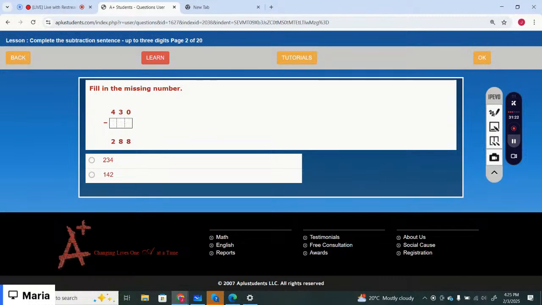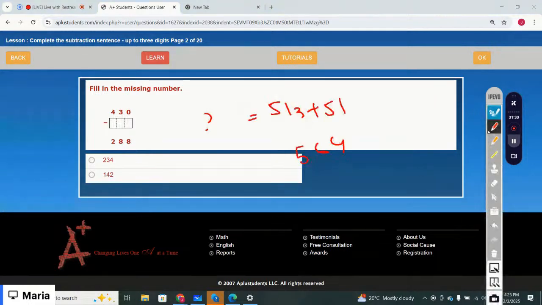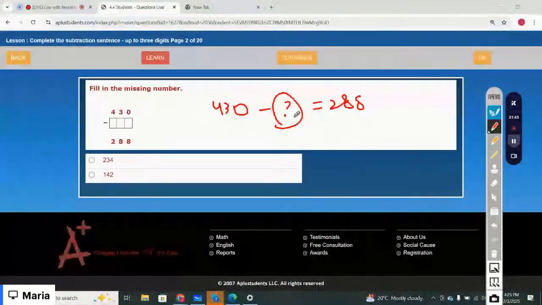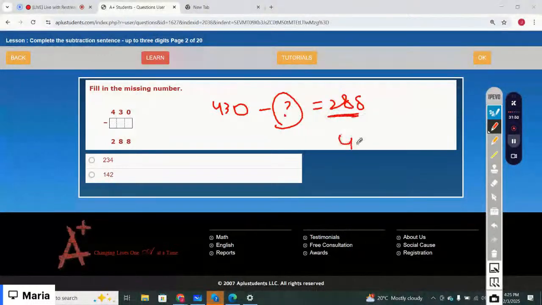Fill in the missing number. 430 minus missing number equals 288. You have to find the smaller number because you always subtract a smaller number out of the greater one. So here the smaller number is missing. When the smaller number is missing, you have to subtract that 288 out of 430.